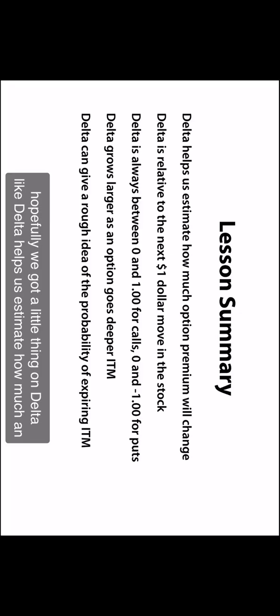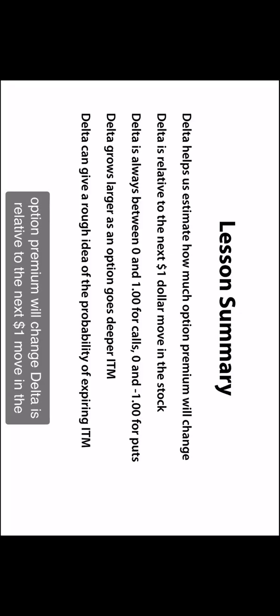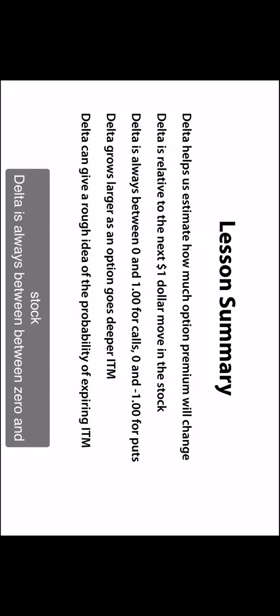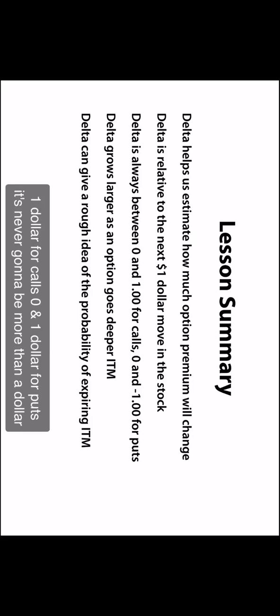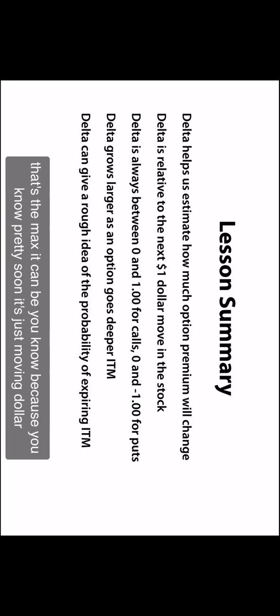Look, delta helps us estimate how much an option premium will change. Delta is relative to the next $1 move in the stock. Delta is always between $0 and $1 for calls, and $0 and $1 for puts. It's never going to be more than $1. That's the max it can be because pretty soon it's just moving dollar per dollar.